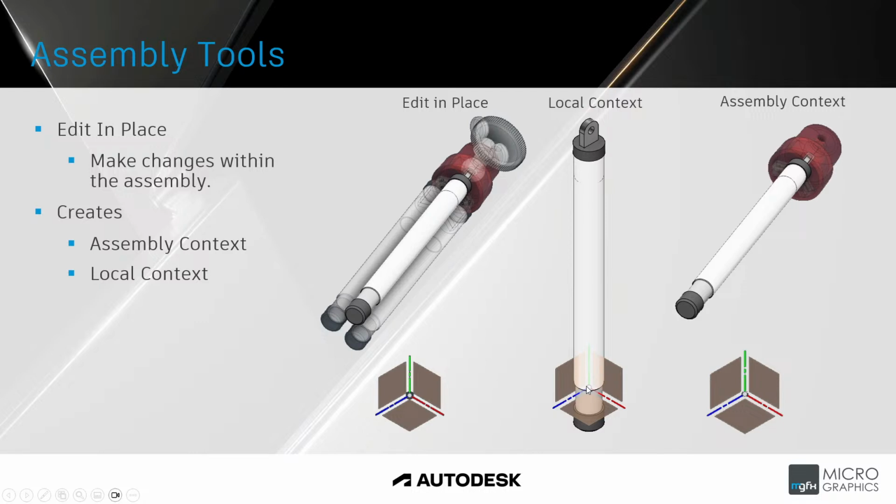But we can also switch to see how it is positioned in context with the assembly. So within that design file itself, and we'll do a demo on this to show this, we're able to switch between local context and assembly context to see how this component shifts to then be positioned in the assembly.